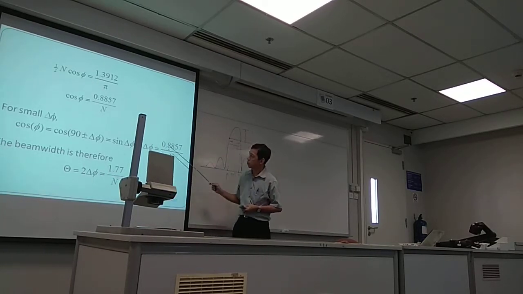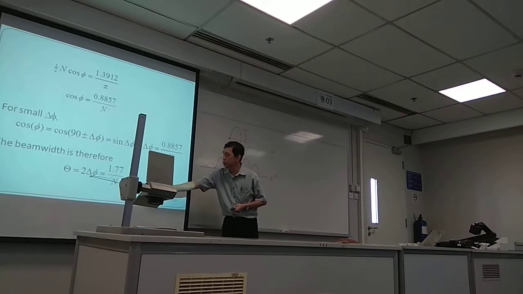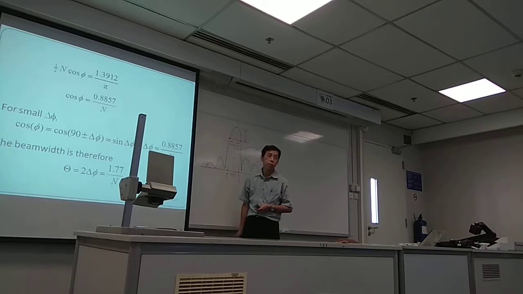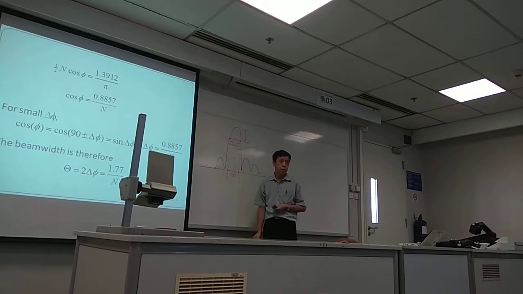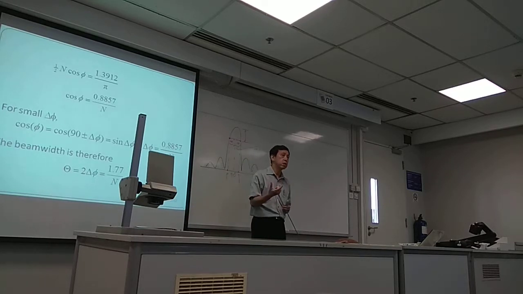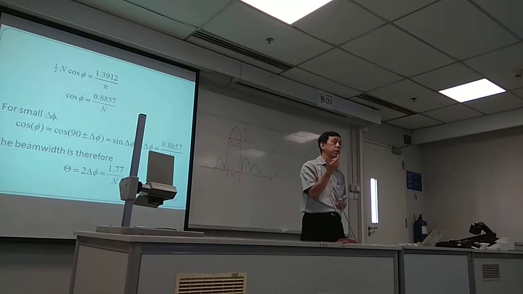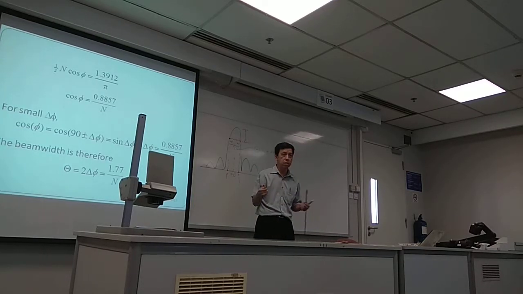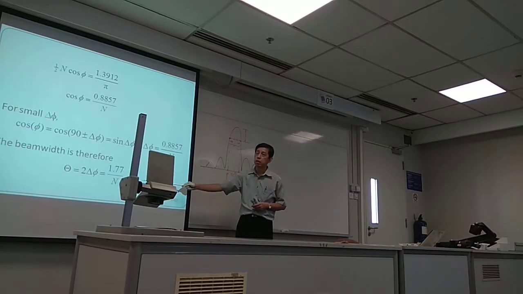So 2 multiplied by 0.8857 will give you 1.77. Alright? So from here you can see that if your inter-element spacing is fixed at half wavelength, then n will basically determine the aperture of your linear array.